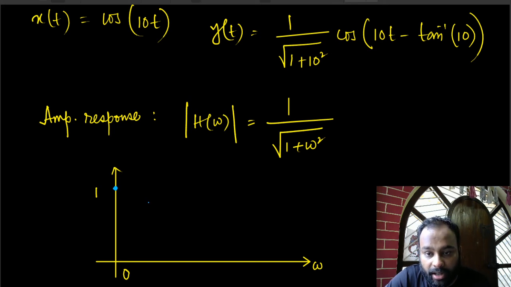And so on, right? Something like that is happening with the amplitude, and gradually it will sort of become like this. As omega becomes very large, the amplitude becomes very close to 0. Hardly any amplitude will remain. So when omega is, for example, 1000, this becomes like 10 lakh, right?